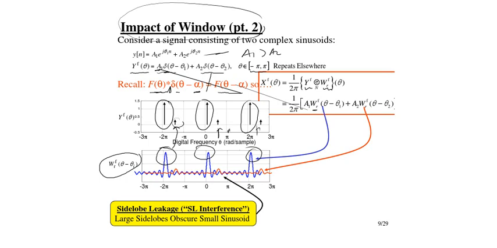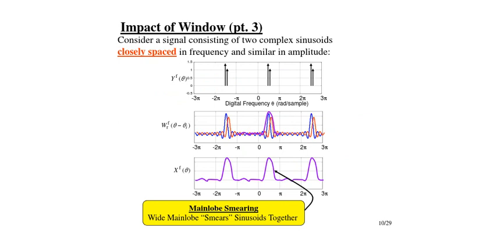So this we can study with another example, in which we take two complex sinusoids, and they are very closely spaced in frequency, but this time we are taking almost the same amplitude. So when we convolve these two functions, the resultant function will look like this, right?